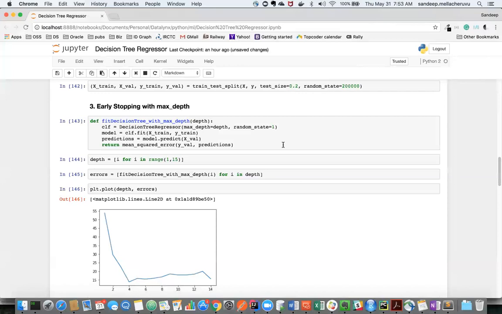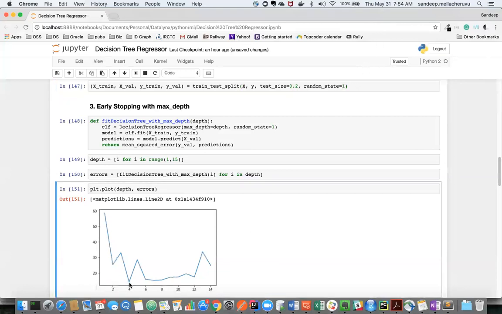But the thing is, every time you have a different training data set, if I change the random state, obviously my training data set is changing. Based on the different training data set, I'm getting different errors. So that is what the variance is.